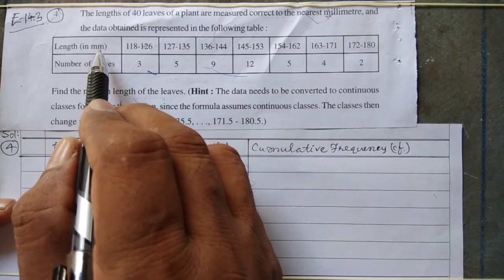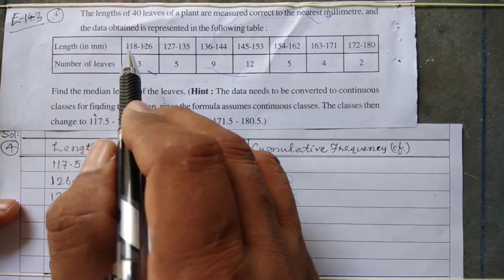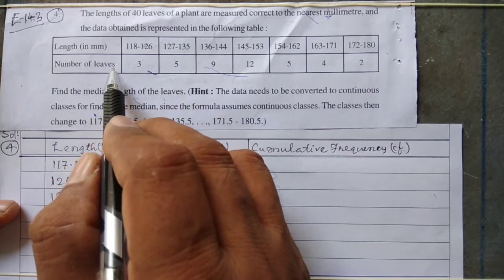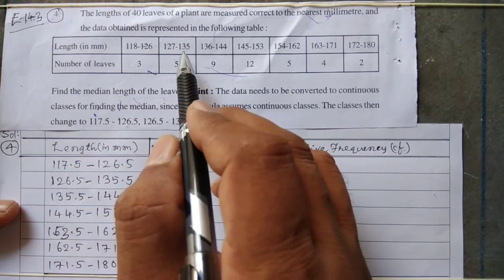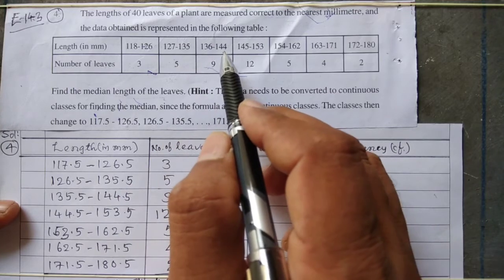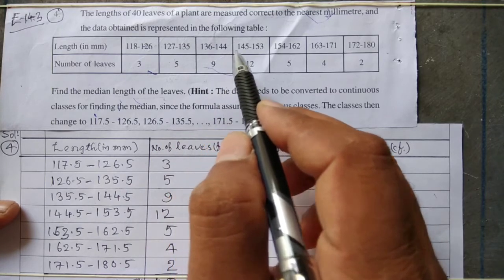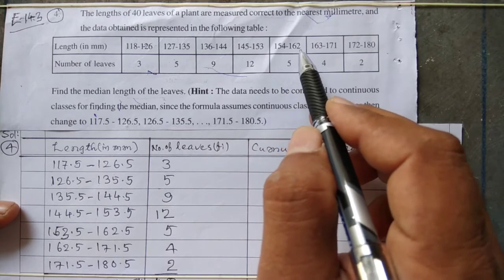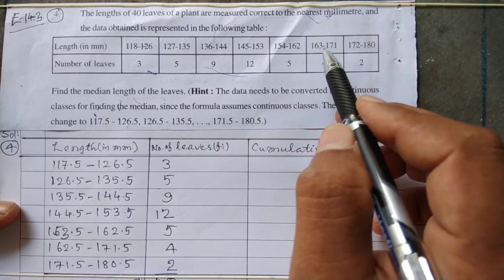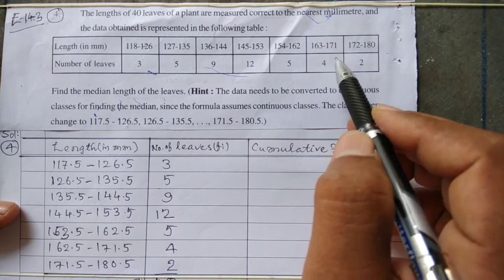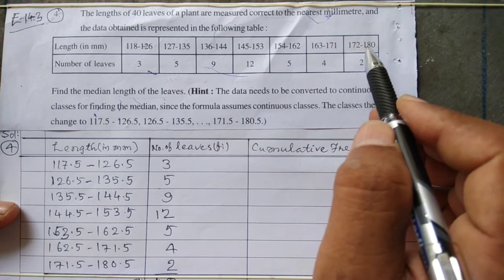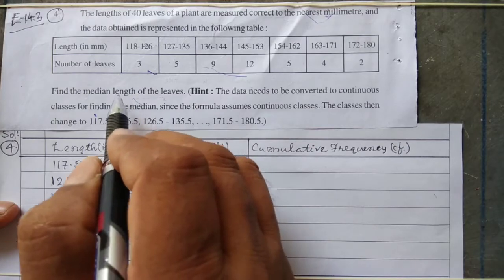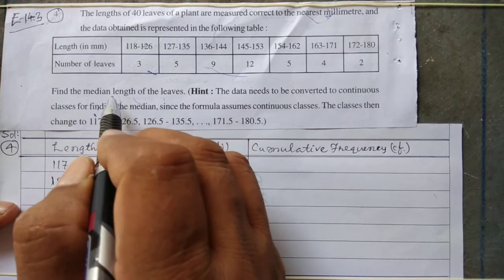Length in millimeters: 118 to 126, number of leaves 3; 127 to 135, 5; 136 to 144, 9; 145 to 153, 12; 154 to 162, 5; 163 to 171, 4; 172 to 180, 2. Find the median length of the leaves.